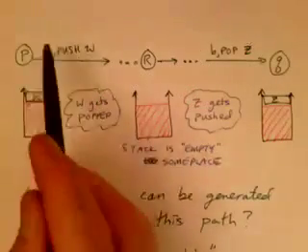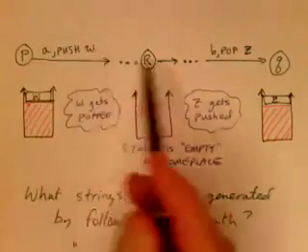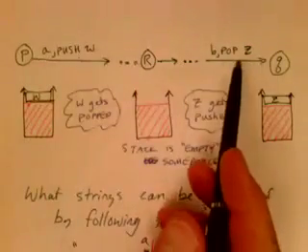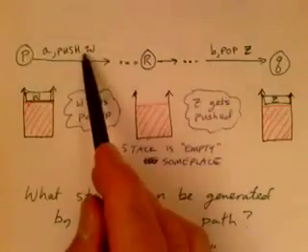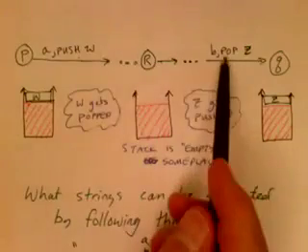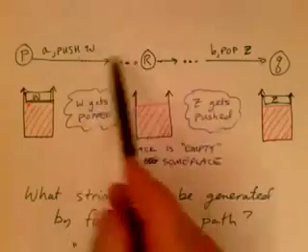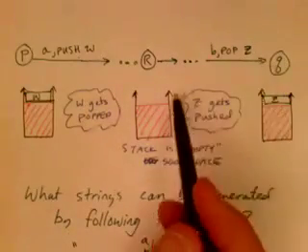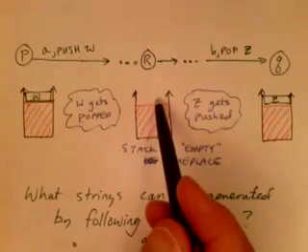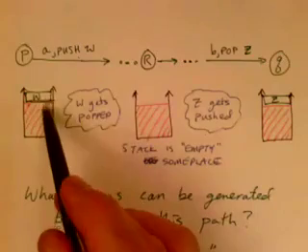We just described how to get from P to Q, where we started by pushing something and then popping the same thing. But it's also possible that we can get from P to Q, and the first push we do is not the same pop we do. In other words, we push a symbol here, but it's not the symbol we pop on the last transition. What that means is that somewhere along this computation, the stack goes back to 0.